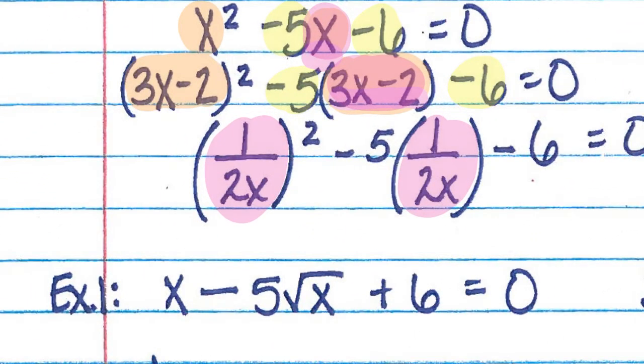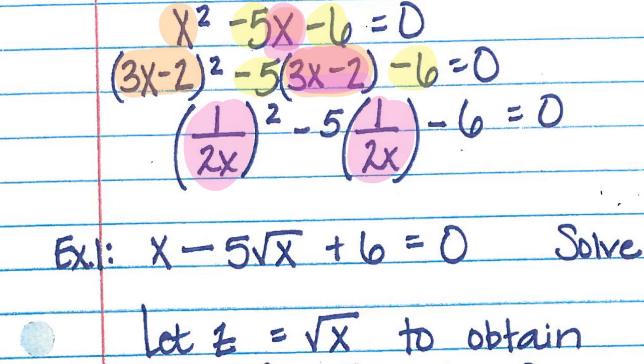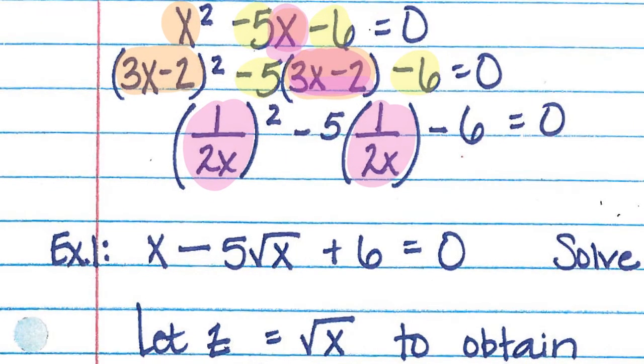It says solve x minus 5 root x plus 6 equals 0. So what we're going to do here is we're going to let z, or another letter, equal root x. Now, people are saying, hey, where do I get that root x? Well, root x is going to be that x term. So I know root x squared is just x.